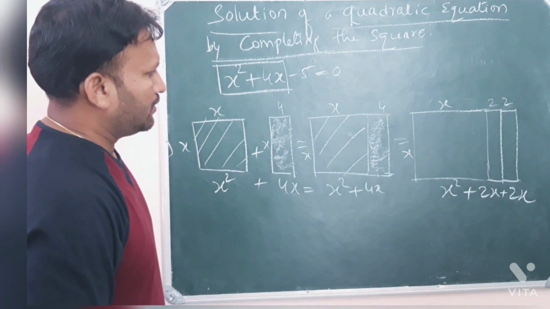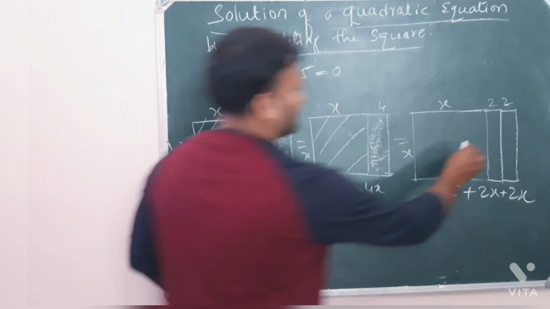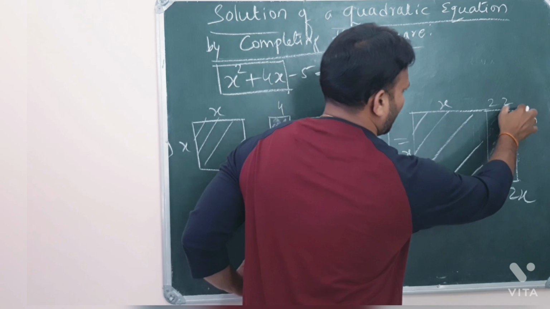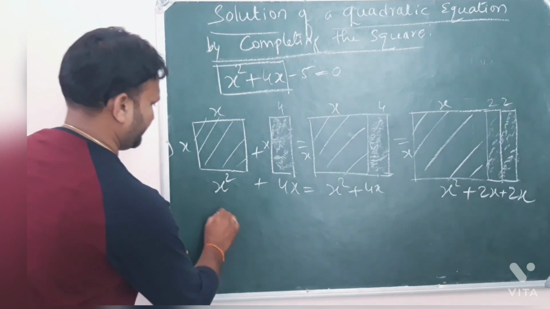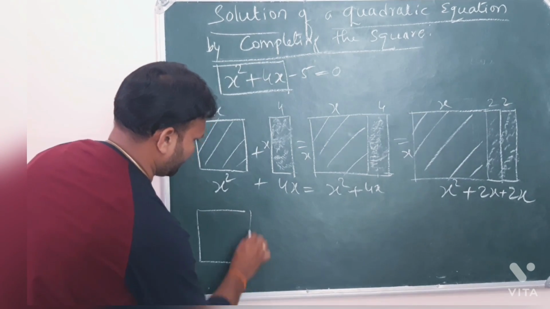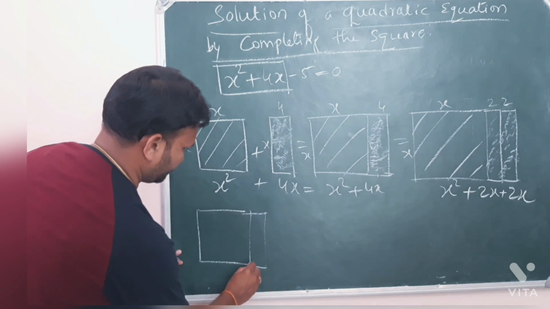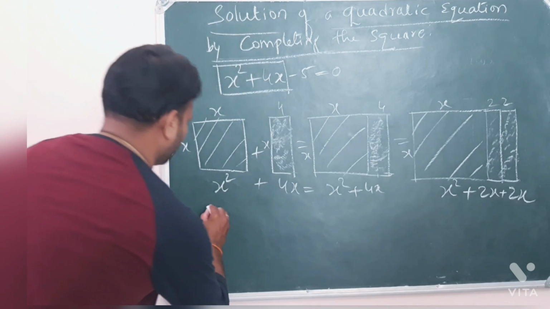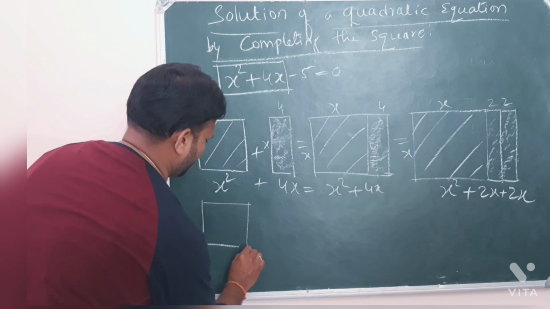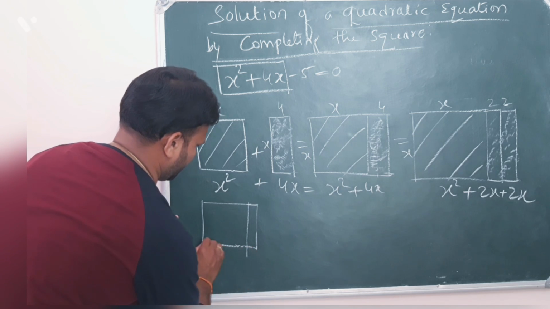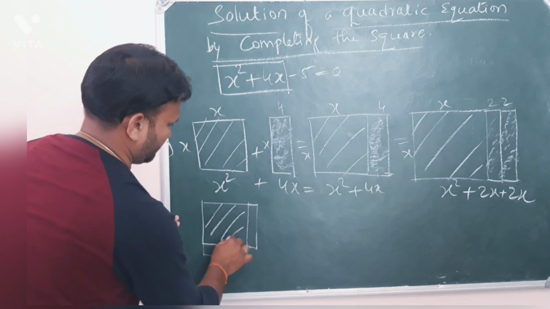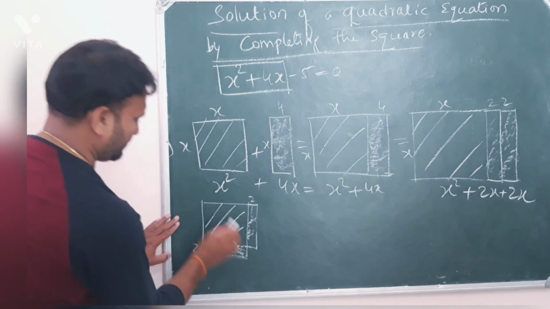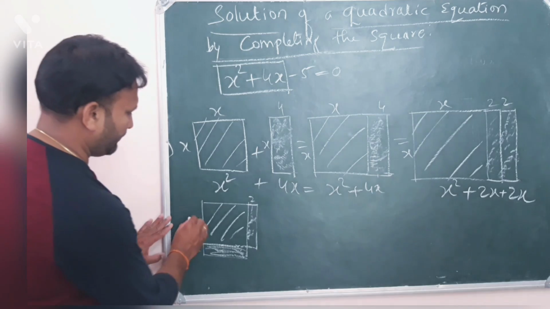Okay, and next I'll take one of the two this side, so 2 this side and 1 below.